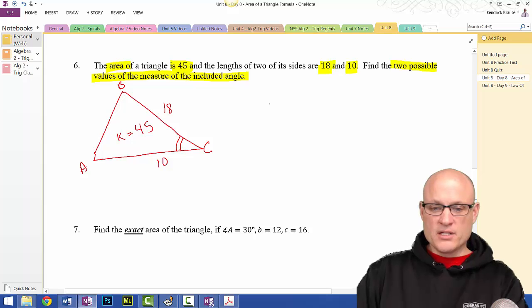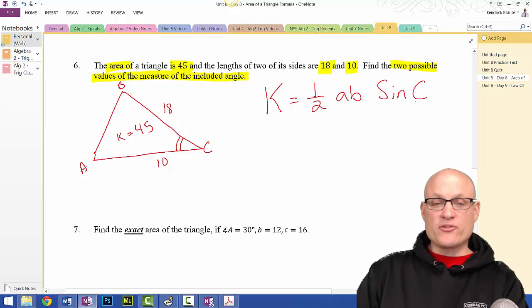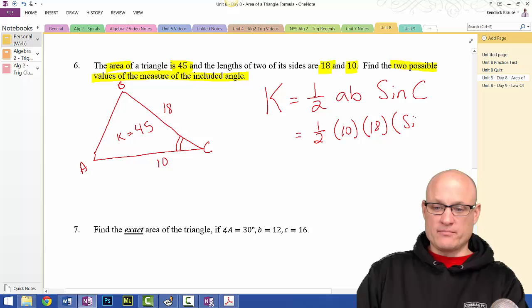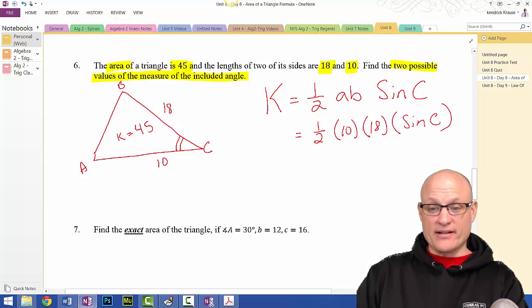Okay. So I'll set up my formula. K equals 1/2 A, B sine C. I use C because that's the actual formula, so I might as well use C when I can. So 1/2 times 10 times 18 times sine of C. Well, let's see. Half of 18 is 9. 9 times 10 is 90.